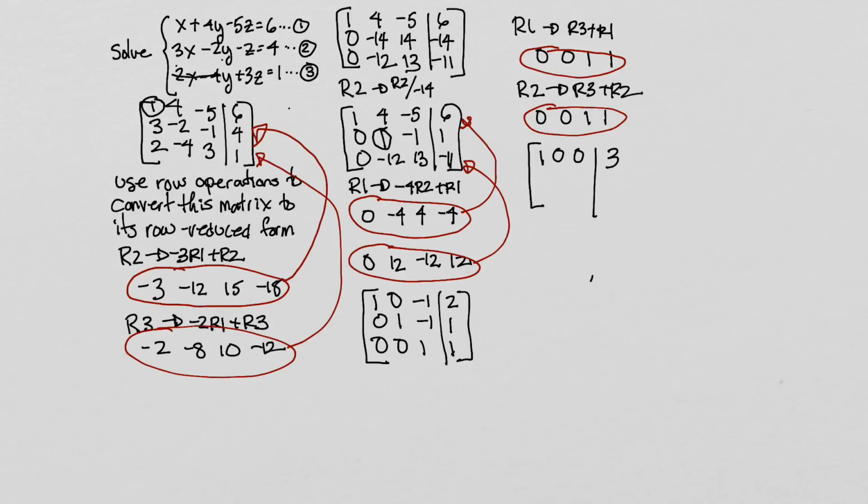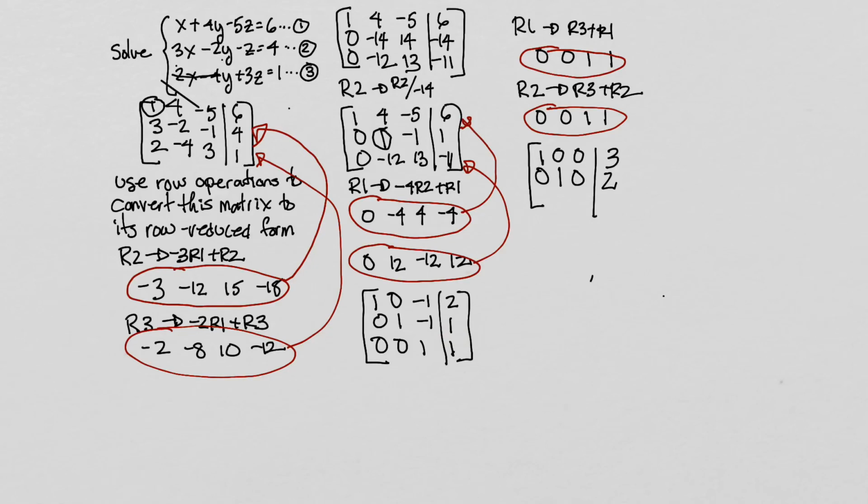Let's go on to row 2 now. So in row 2, we're going to have 0 plus 0 is 0, and then that 0 and that 1 is going to give us a 1, and then this one and negative 1, that'll give us a 0, and then 1 and 1, that'll give us a 2.